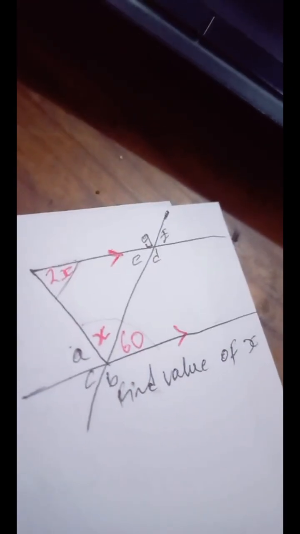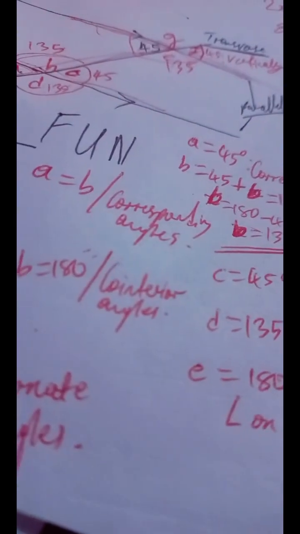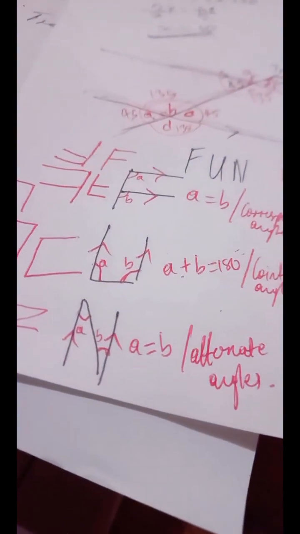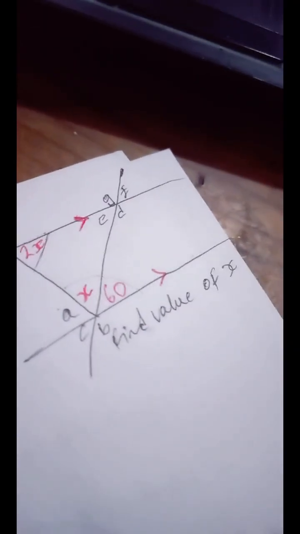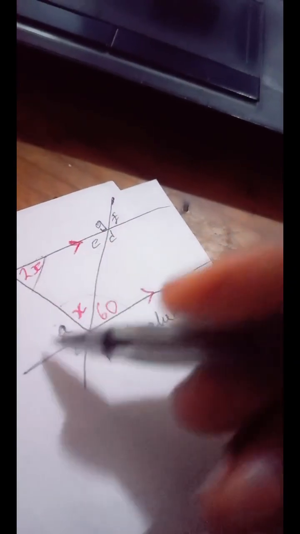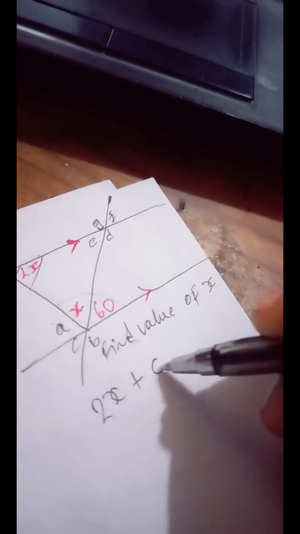Co-interior angles, what do they give us? 180 degrees, right? So we come to our question and we say 2x plus x.